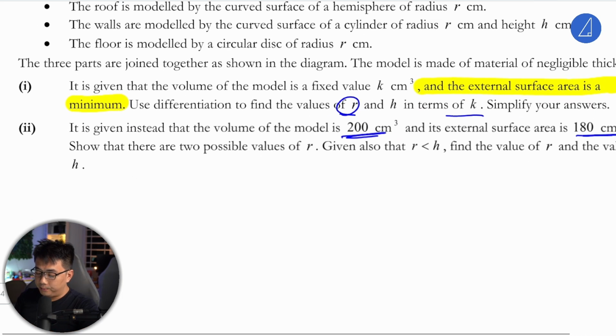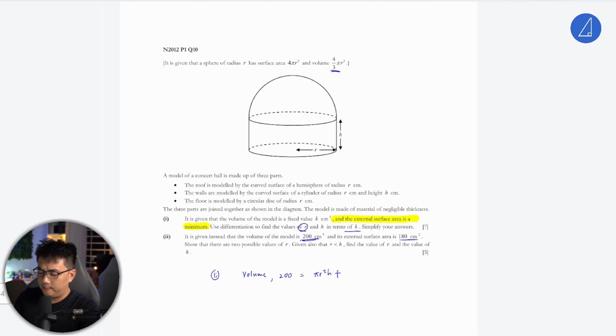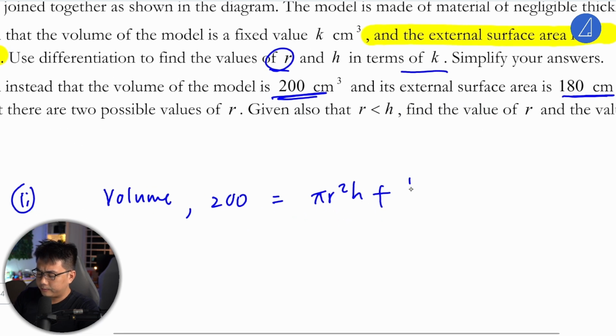So we need to show the volume will be, we know that the volume is 200, which is pi r square h plus half of 4/3 pi r cube.